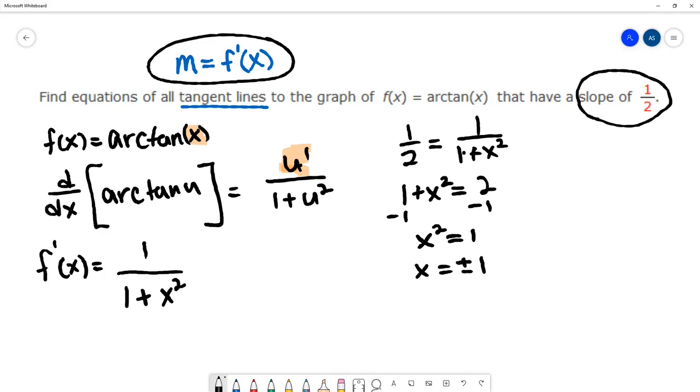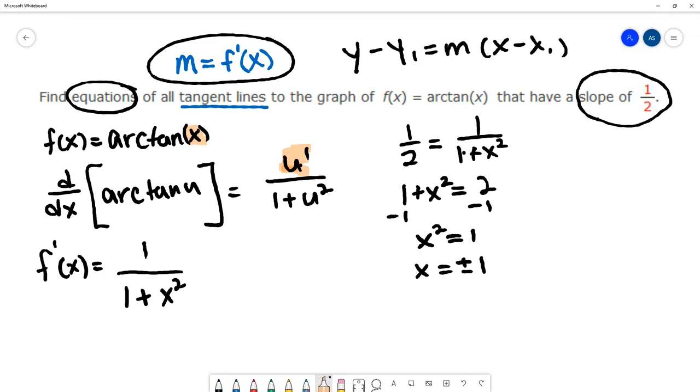So I need to find the equation of the tangent line. To find the equation of the tangent line, I'm going to use point slope form: y minus y1 equals m times x minus x1. For this point slope formula, I have the slope. We know that the slope at these points is 1/2.